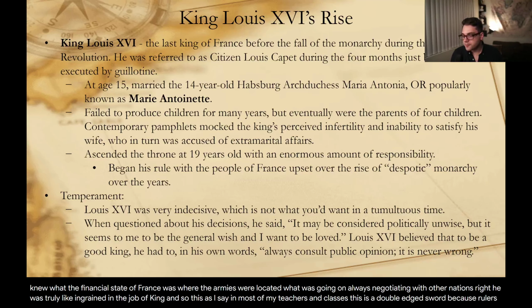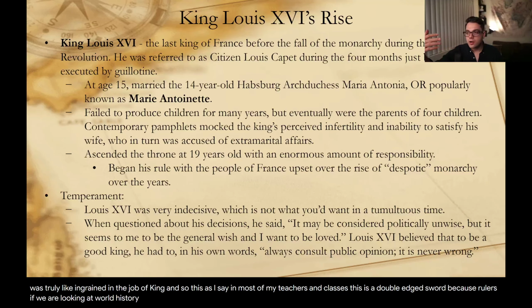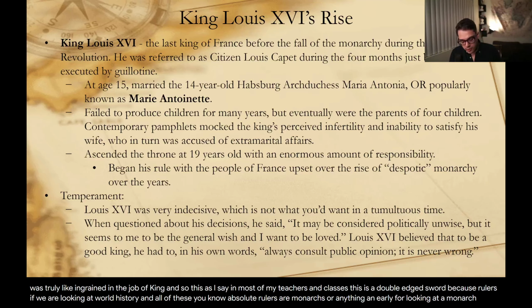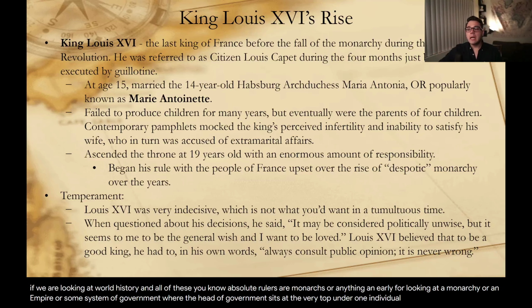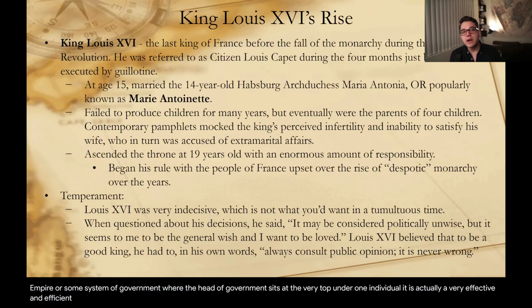Because rulers, if we are looking at world history, absolute rulers or monarchs, generally, if we're looking at a monarchy or an empire or some system of government where the head of government sits at the very top under one individual, it is actually a very effective and efficient way of government if you have a very competent person at the top, right?